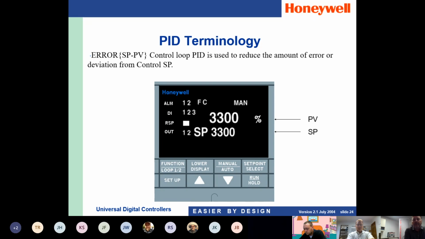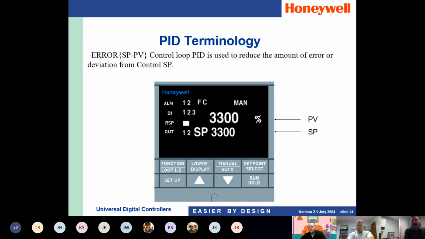Error is when you take your set point minus your process variable, and whatever that equation equals, that is your error. The controller's primary function is to reduce error. So let's say you have a batch heat treat furnace, and you open the lid and inject some type of disruption into the process.